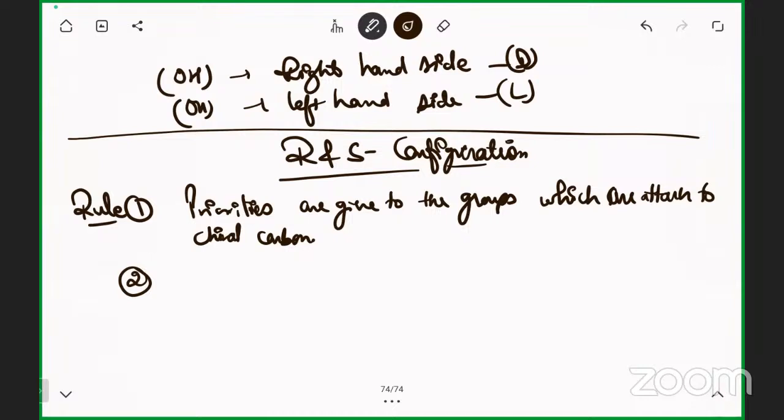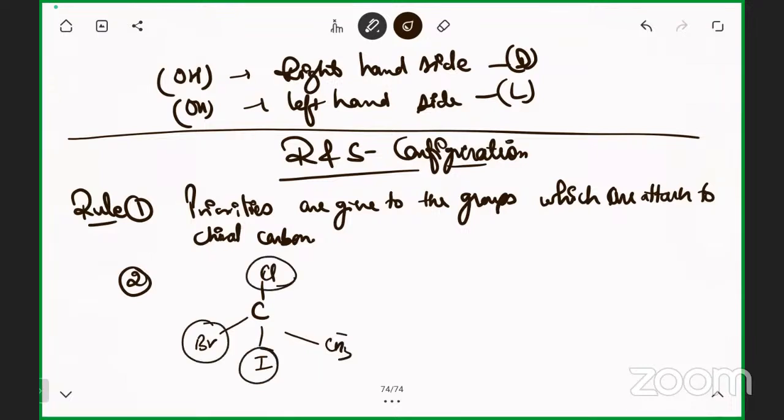For example, we have here Cl, Br, I, and CH3. All the valencies are occupied by different atoms, so we say this particular carbon is a chiral carbon.